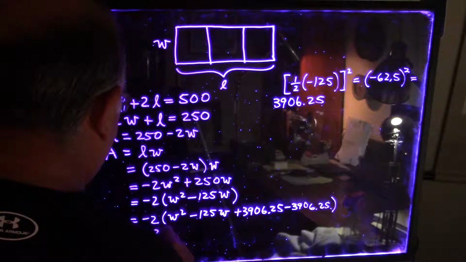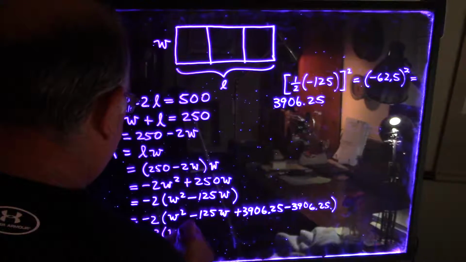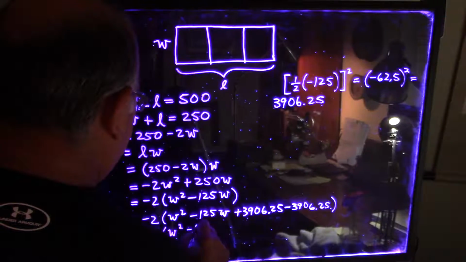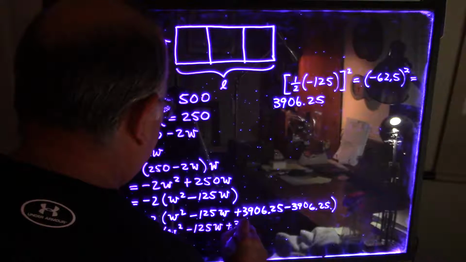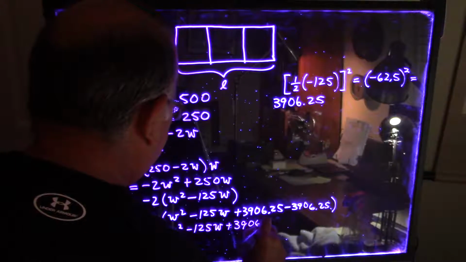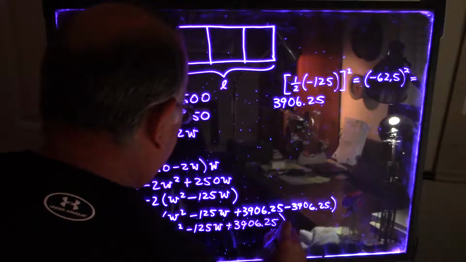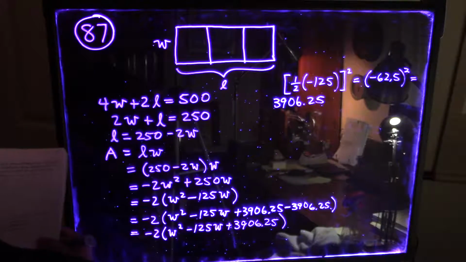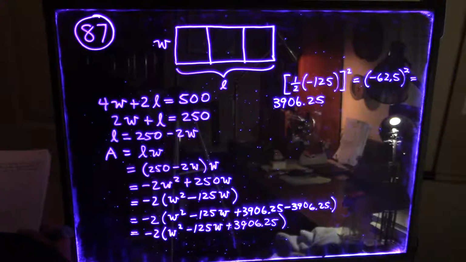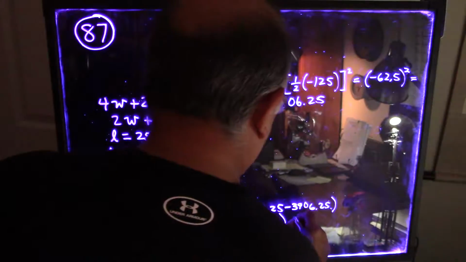So what you have left is W squared minus 125W plus 3906.25, and then out here negative 2 times negative 3906.25 is 7812.5 positive.